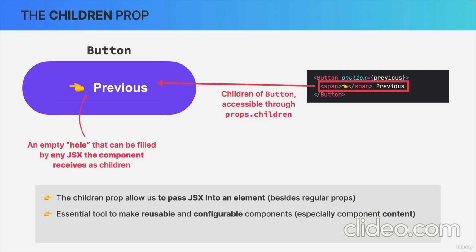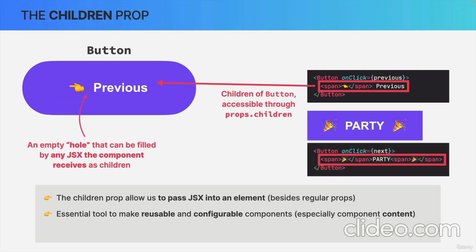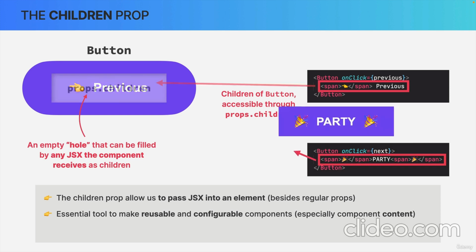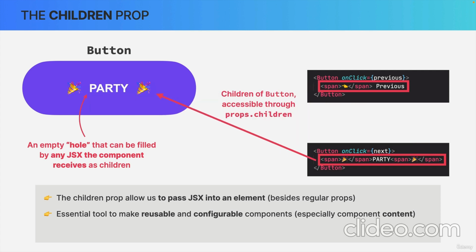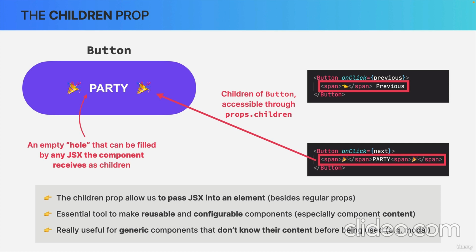For example, let's say that we wanted to create a second similar button, but with some other emojis and text. Well, now that we know about the children prop, that is really easy. All we have to do is pass in some different JSX, and then the button gets completely different content. This technique is really useful for building generic components that do not know about their content before actually being used.